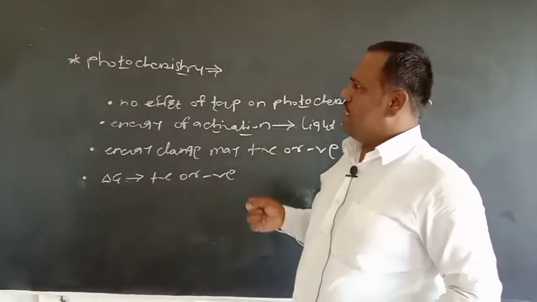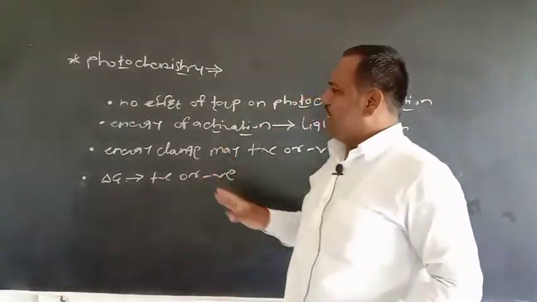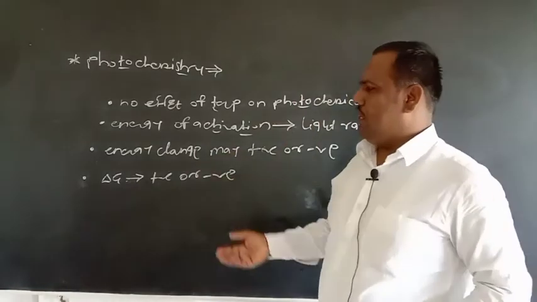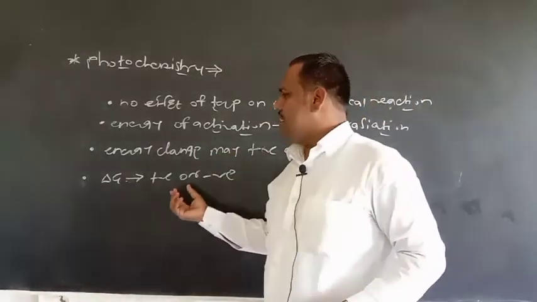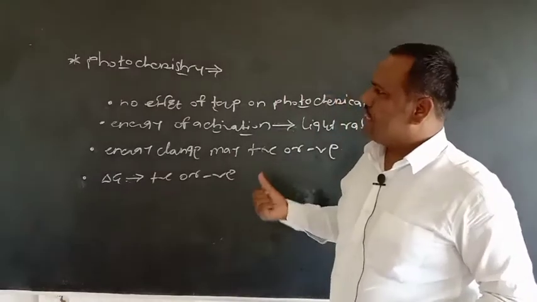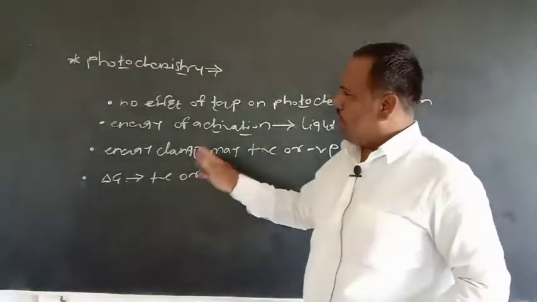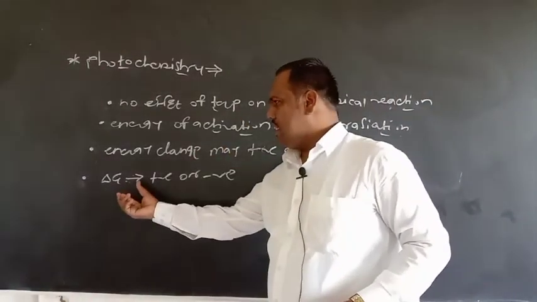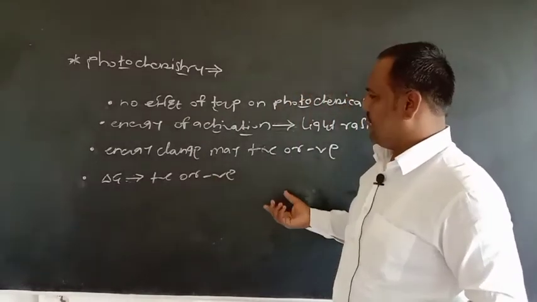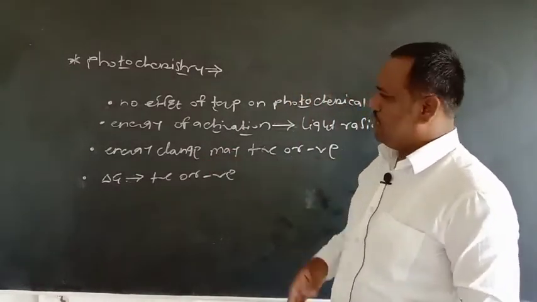If you consider the thermal reaction, the heat is evolved, therefore delta G is always negative. But in this photochemical reaction delta G may be positive or negative.